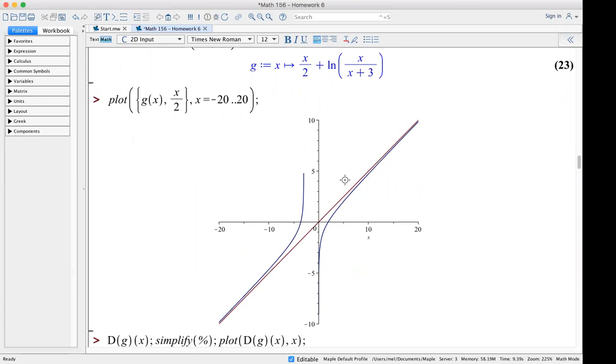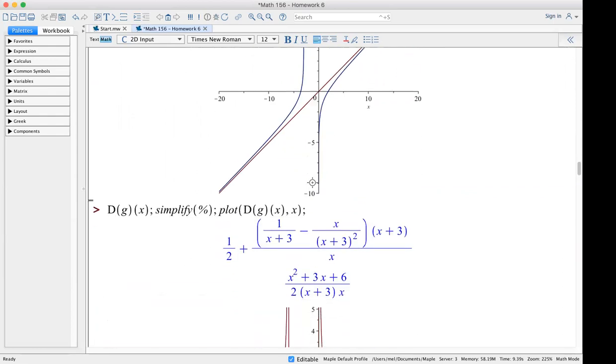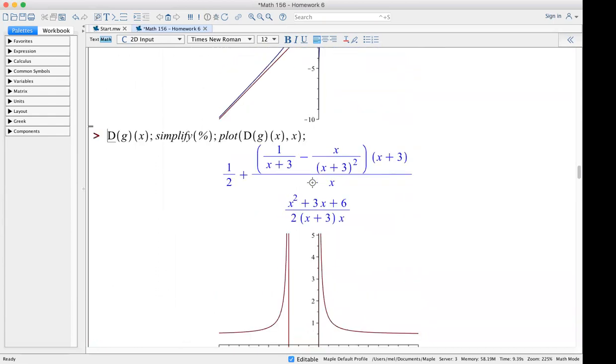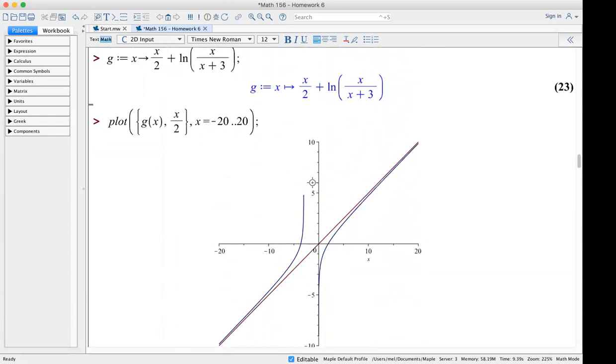Yeah, you see the blue is the curve, and it's approaching y equals x over 2 as you go to infinity. It's not defined where this is negative, which is from here to here. In any case, the blue is the graph of the function.